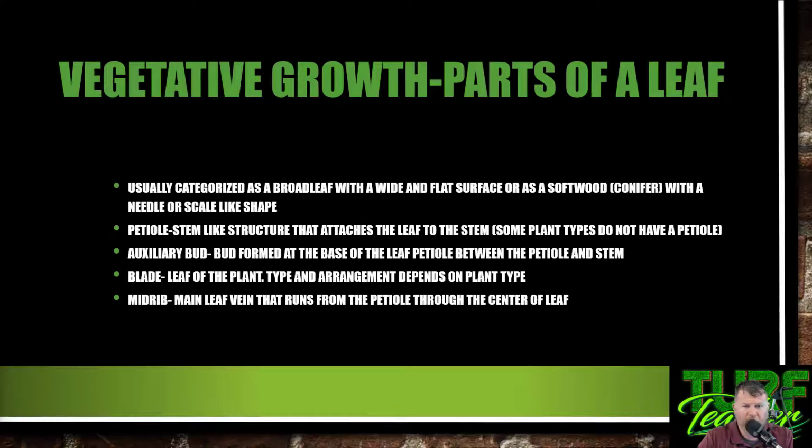The type and arrangement depends on the plant type. Now, a lot of people will think that a leaf is an individual needle or an individual leaf, but it depends on the plant itself. Your midrib is the main leaf vein that runs from the petiole through the center of the leaf.